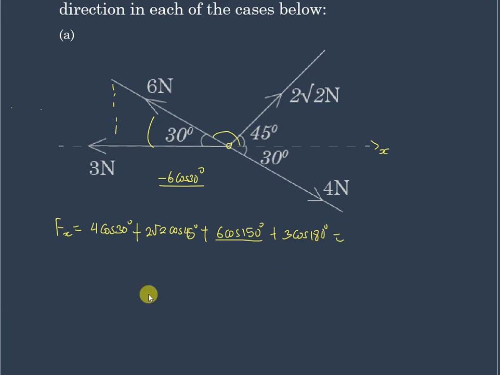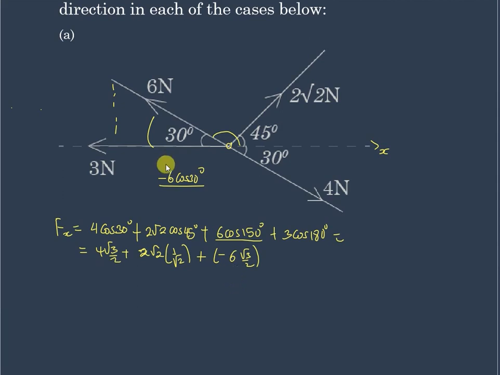maybe I can try to simplify here. This one is 4 times root 3 over 2 plus this one is 2 root 2 times 1 over root 2 plus this is negative 6 times root 3 over 2, because cosine of 150 is negative.